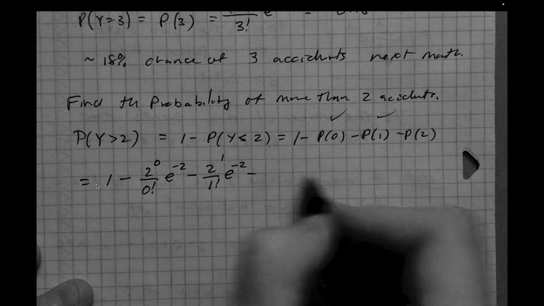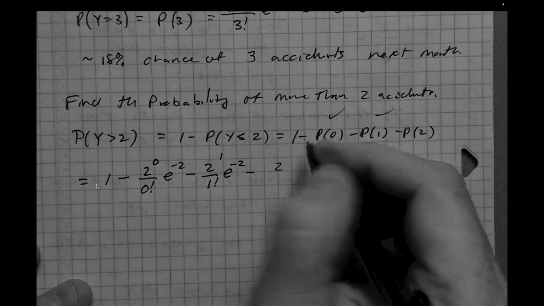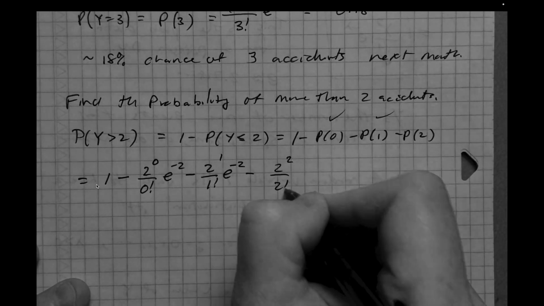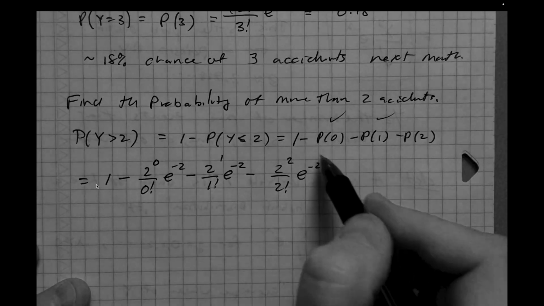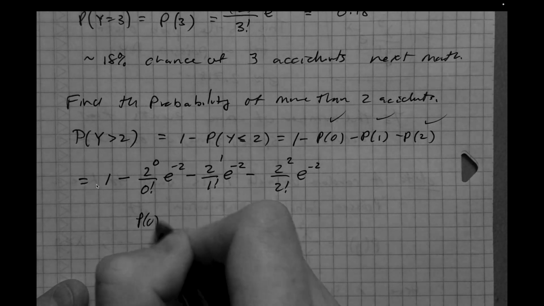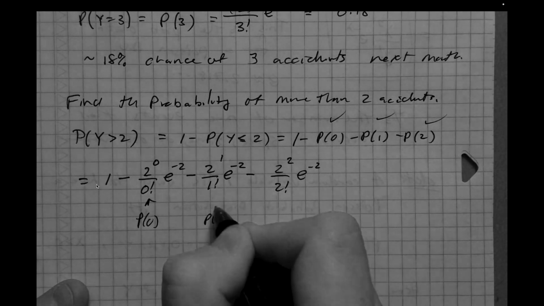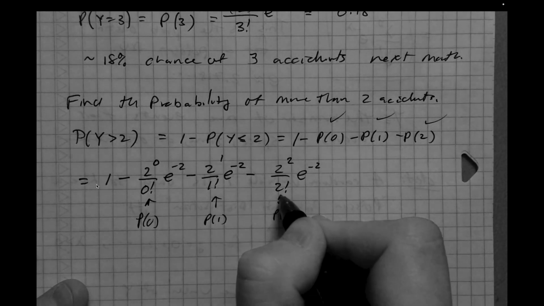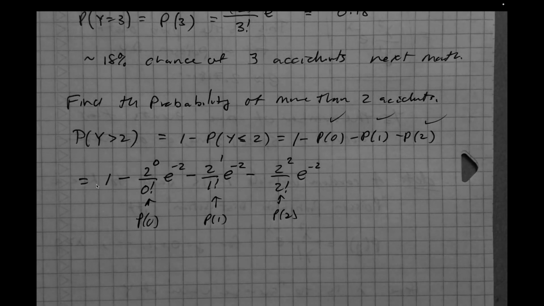Now the third one is 2 to the second power over 2 factorial times e to the negative 2. So this is the probability of 0, this is the probability of 1, and that's the probability of 2.